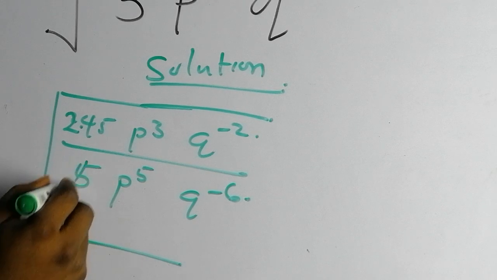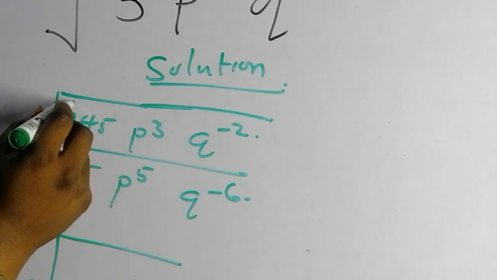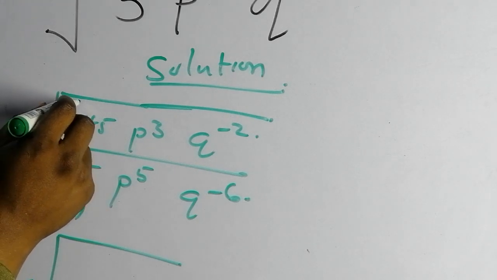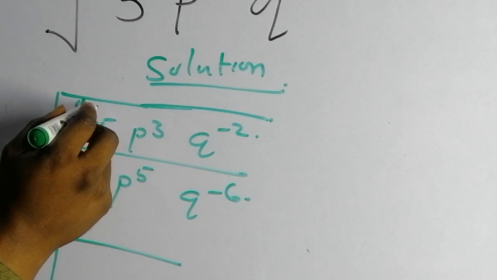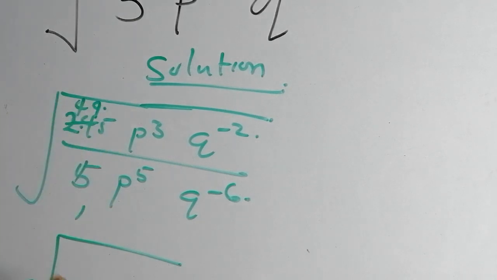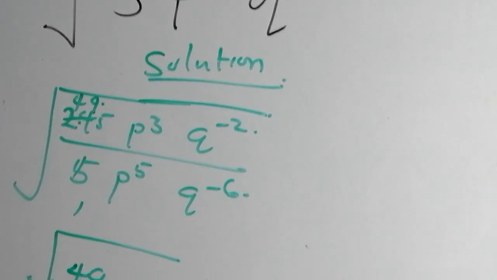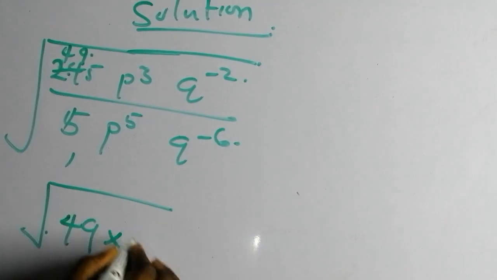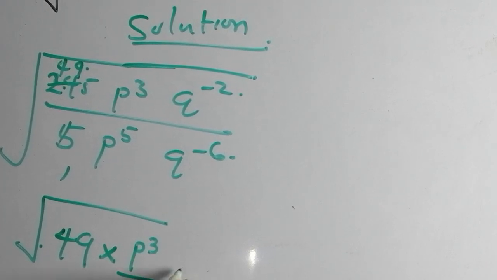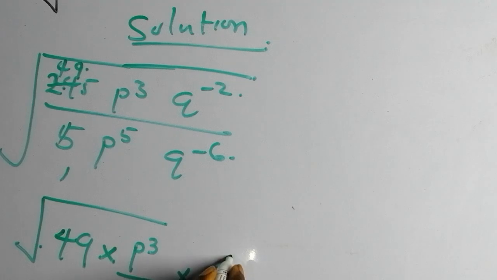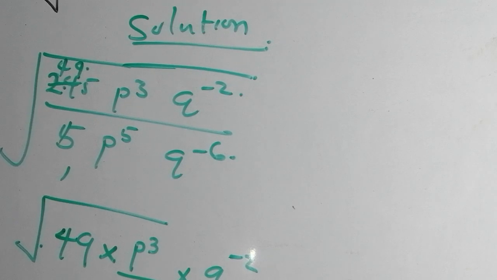So 5 here, 5 here, 1. 5 in 245: 5 in 24 is 4, remainder 4, then 5 in 45 is 9, so that's 49. Don't forget, it's the same thing as saying p raised to the power 3 over p raised to the power 5 times q raised to the power minus 2 over q raised to the power minus 6.